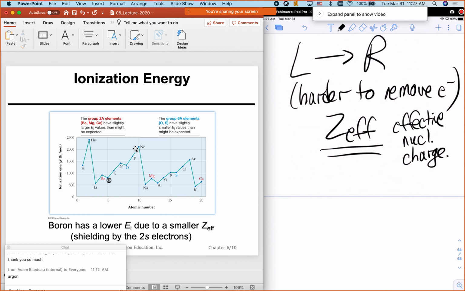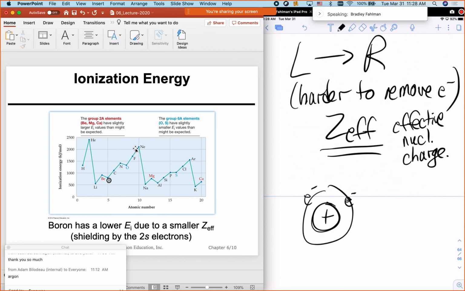As you move left to right, you are adding more electrons to the shell, and because of that, these electrons are experiencing more nuclear charge. So they are being sucked into the nucleus a little bit more.